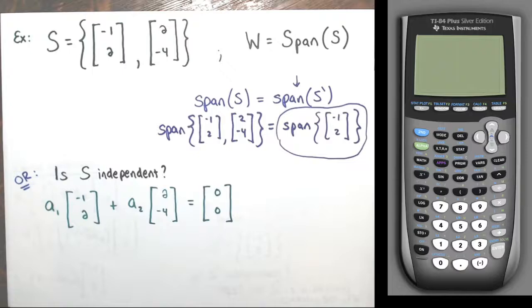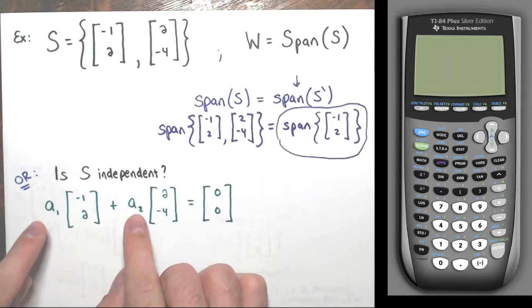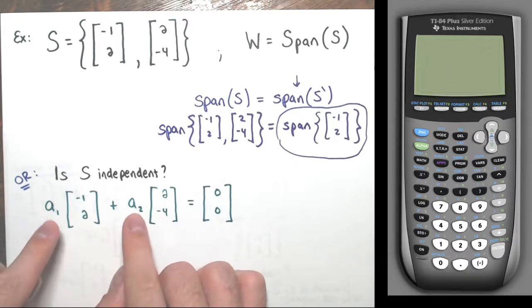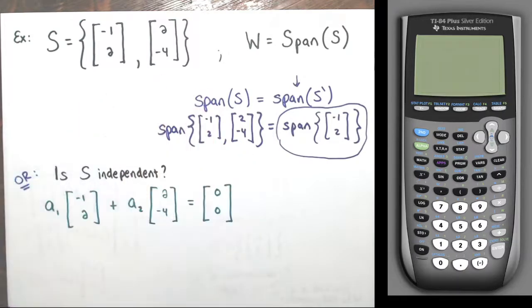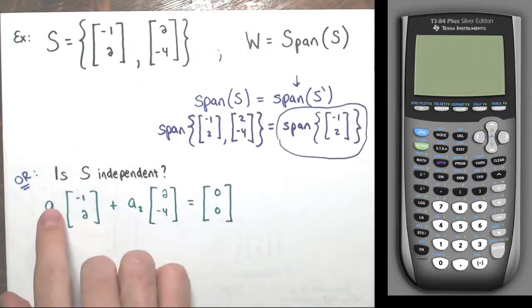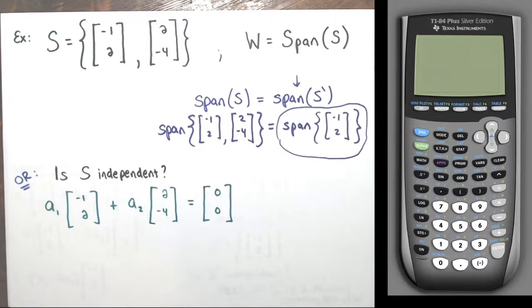And this leads me to trying to find A1s and A2s here that aren't 0 and 0, right? If 0 and 0 are the only solution, then S is independent and you have your minimal spanning set for W. But if there's a non-trivial solution, then S is dependent. Now, based on what I said earlier, there should be a non-trivial solution here.